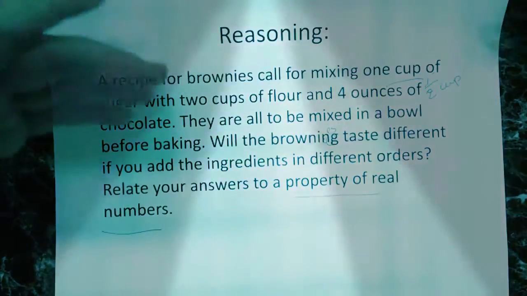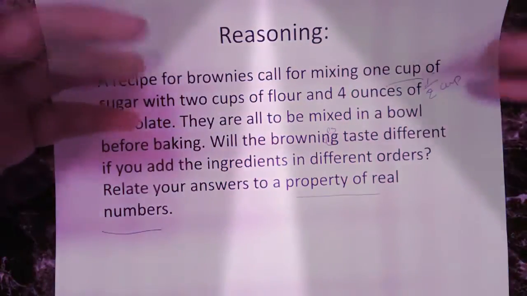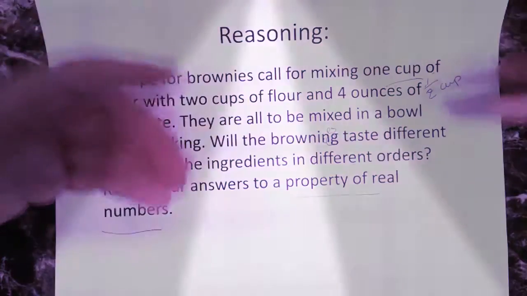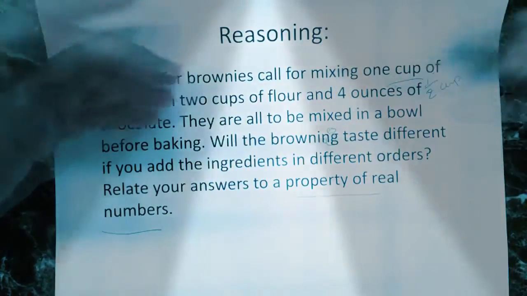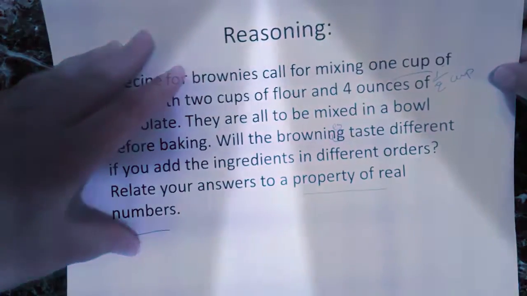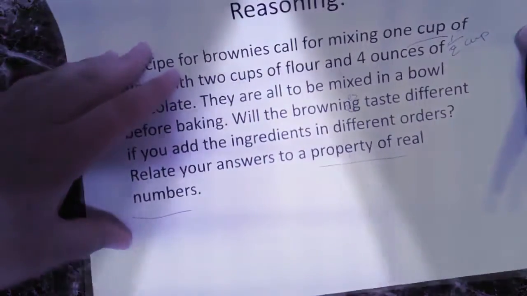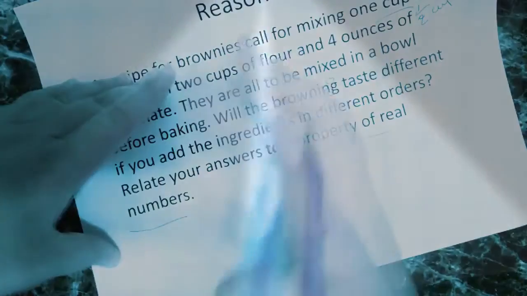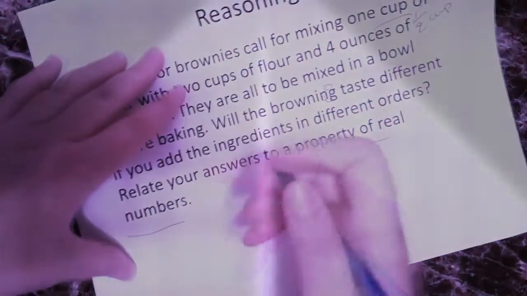Because of what property gives you that right. If I'm mixing something together, I am adding it. So what property gives you the right to say, hey, these are going to be the exact same thing? Good. The commutative property of addition tells you that they are going to be the exact same thing. So I would expect to see a couple sentences on this.